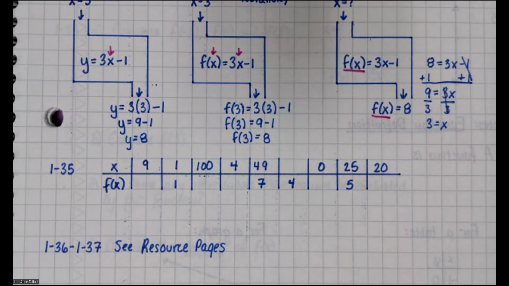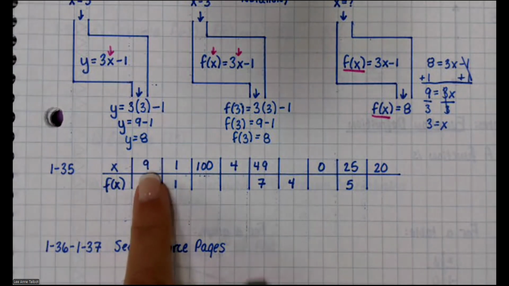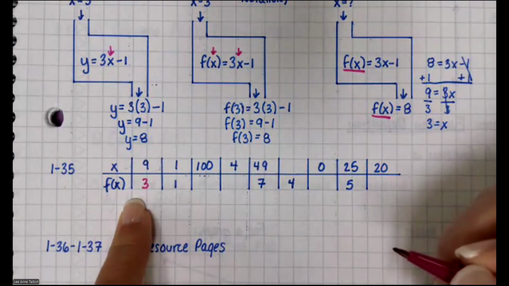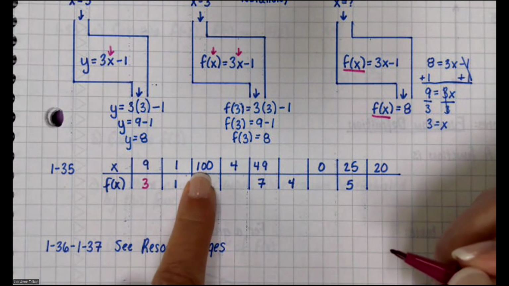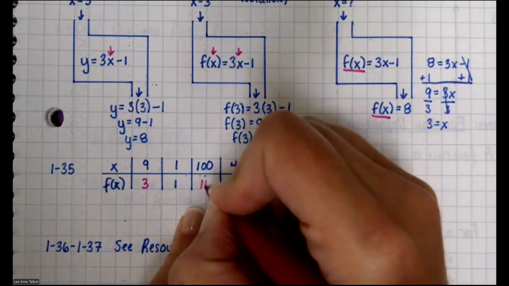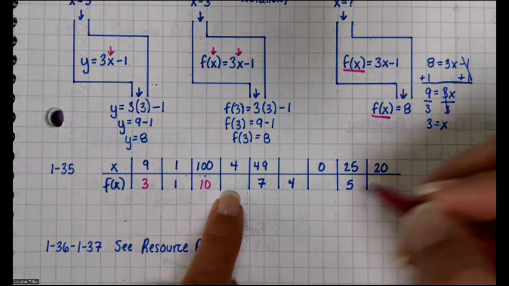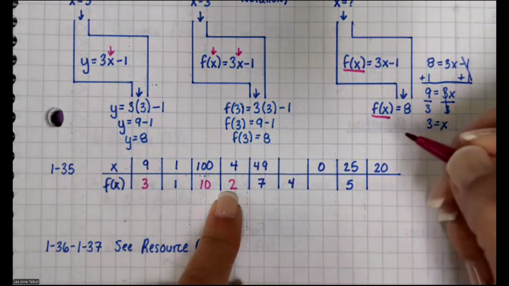Yes. The number for x is 3. Yes. Okay. So square root of 9 is 3. Square root of 100 is 10. Square root of 4 is 2.